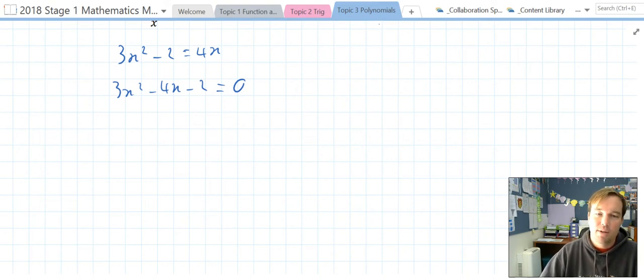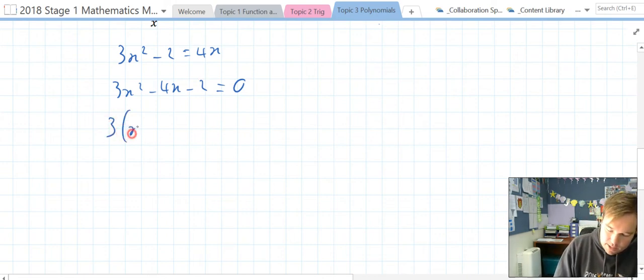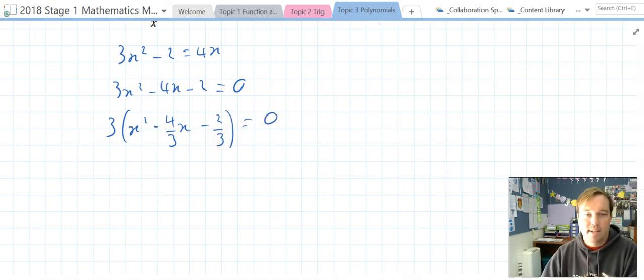And you might be thinking, 3 doesn't come out of 4 and 2, and I'd be like, yeah, you're right, but we can force it out, like this. 3 times (x squared minus 4 on 3 x minus 2 on 3) equals 0. And yeah, that's ugly.